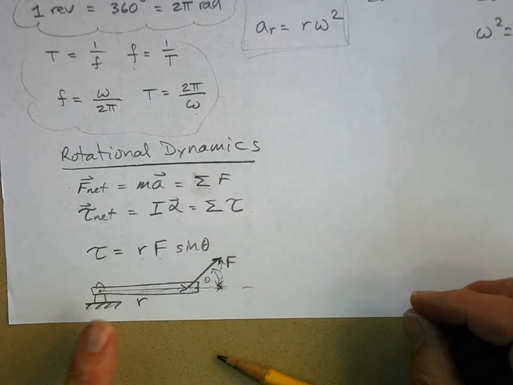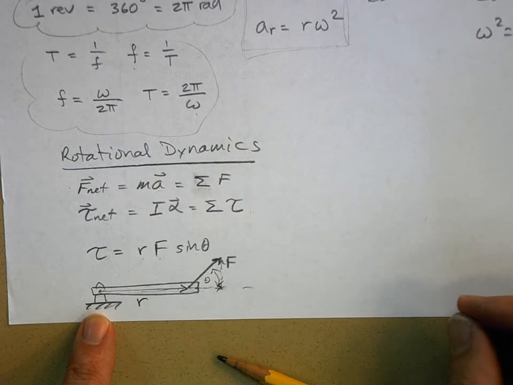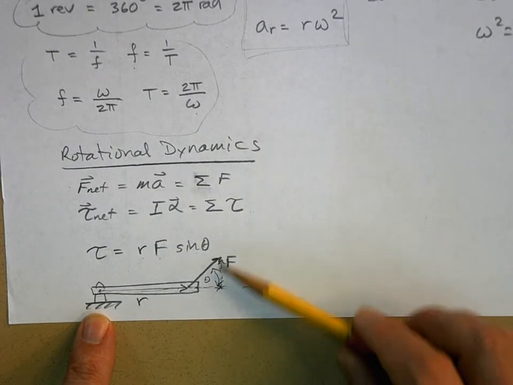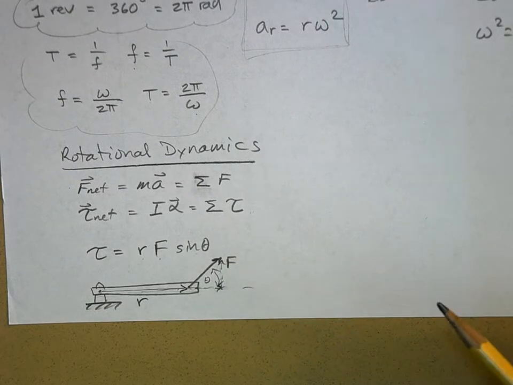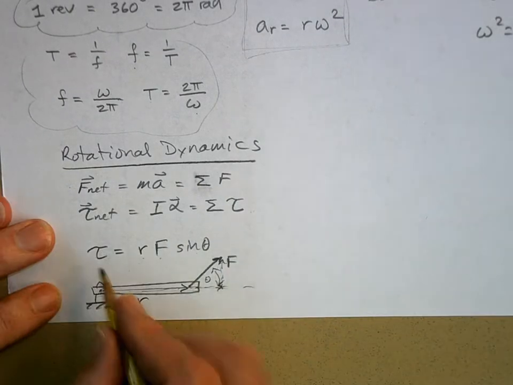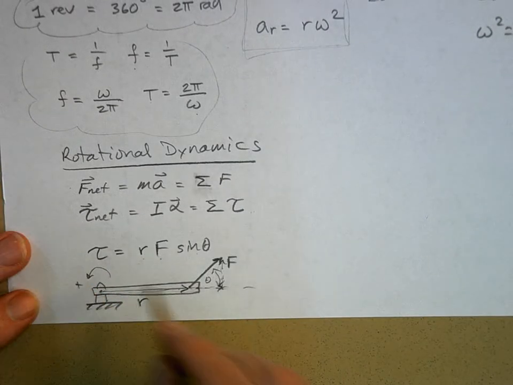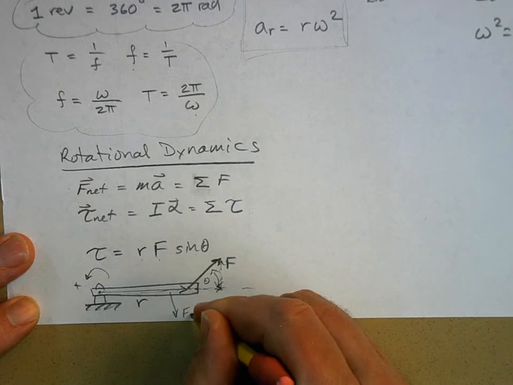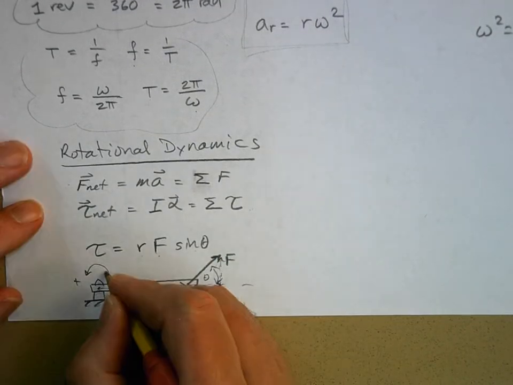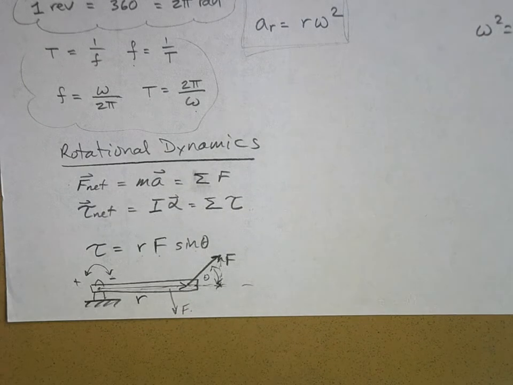But you have it pinned down here, so that force isn't going to do anything. It's going to get canceled out. But the perpendicular component of that force causes a twisting force. Now, if you're trying to make it twist this way, then that's a positive torque. If you have another force on it that's going like this, then that's going to be a negative torque. But if you add the two torques together, you'll get the net torque.